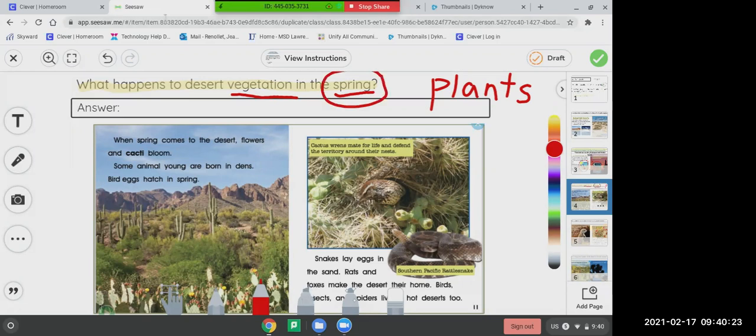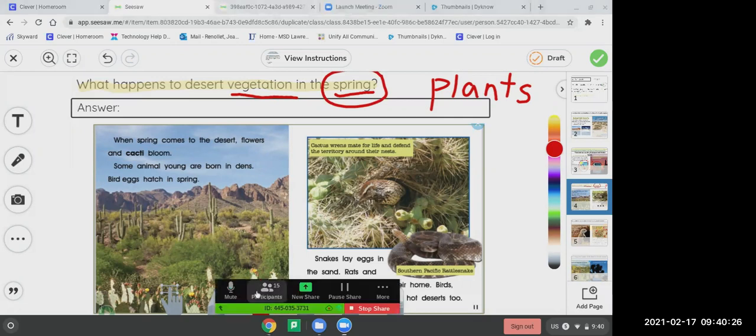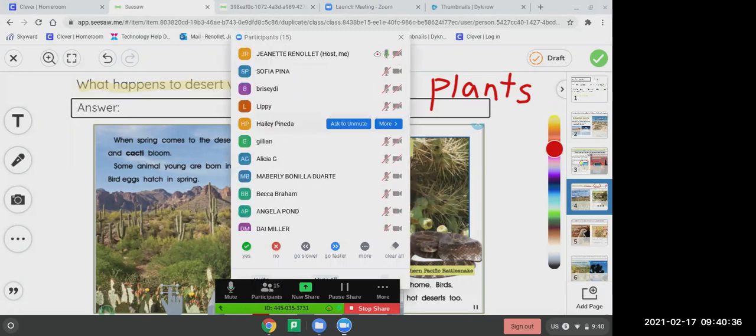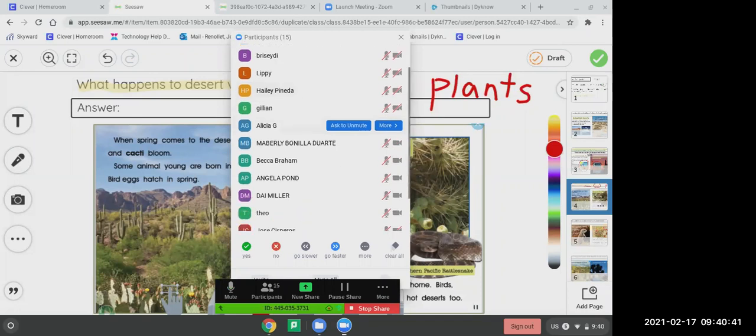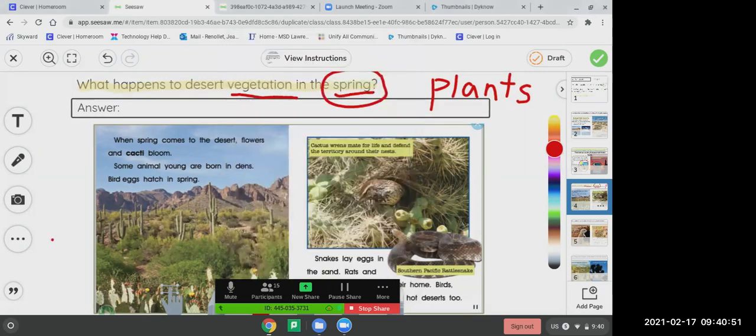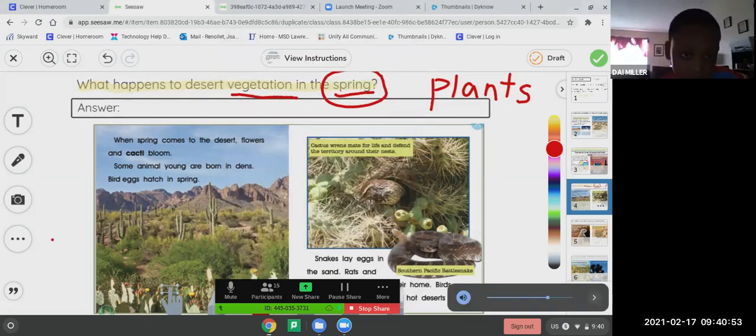Were there any third graders who found what happens to vegetation or plants in the spring? Any third graders want to share out what text evidence they found reading the text on slide number 4? Day, go ahead. When spring comes, the desert flowers and cactus blooms.